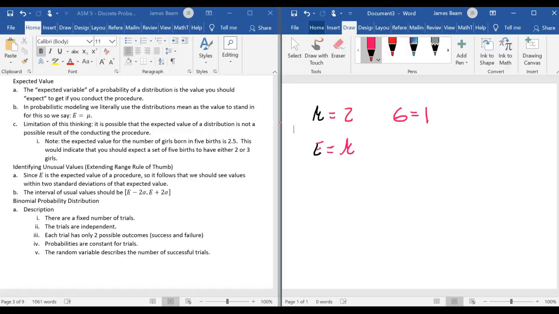No family has 2.5 girls, so you cannot expect that to be the value of the random variable. So we use that to make a judgment, and when we report out, we would say that we would expect the family to have 2 girls, maybe 3, because we know it can't have 2.5. So you have to make an adjustment in language when reporting that out.